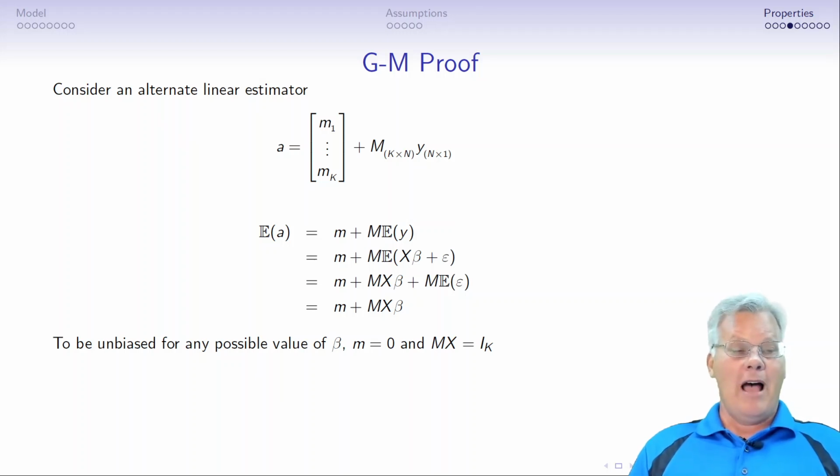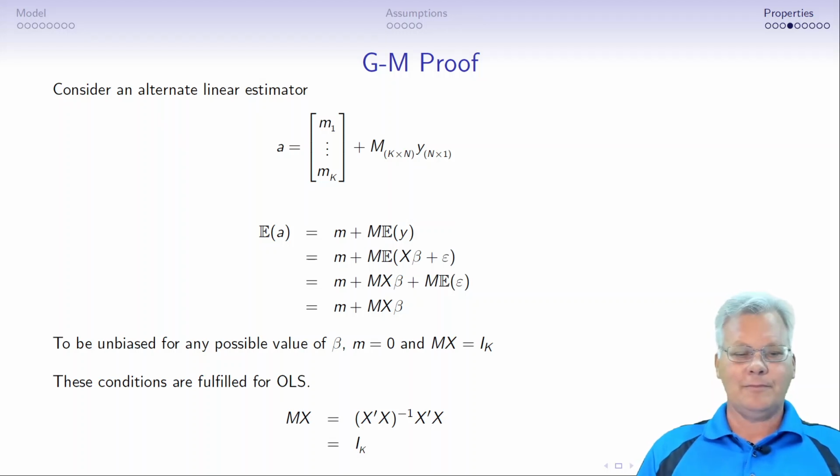Now, if my alternate linear estimator A is going to be unbiased, the expectation of A must be equal to beta. So for the expectation of A to be equal to beta, the lowercase m's all have to be equal to 0, and MX must equal the identity matrix. Okay? And I claim that that's true by inspection.